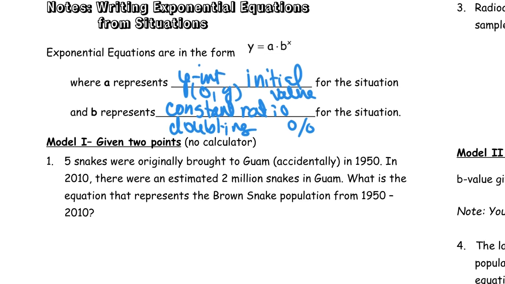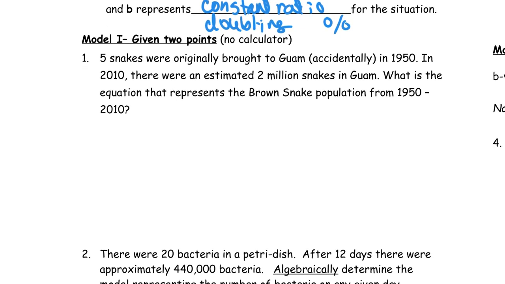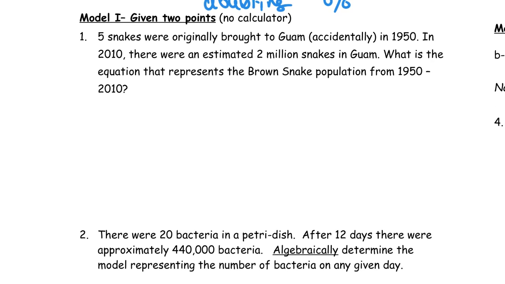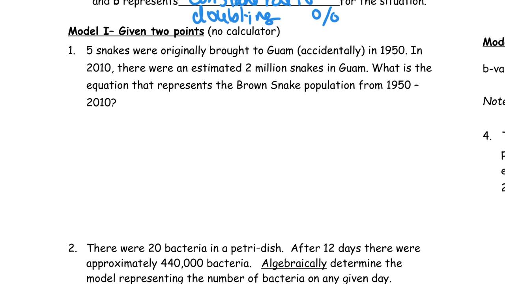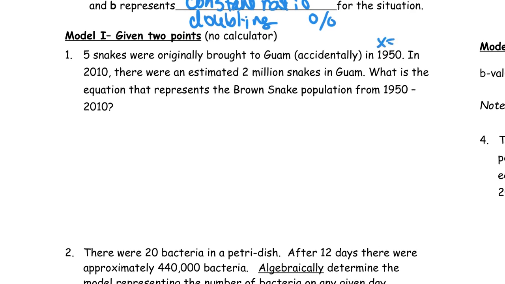So we're only going to do the part this time that's going to be, we're going to get some points. And from those points, we're going to determine what it is. So we won't be doing with your percentages today. So given this first one, we got 5 snakes were originally brought to Guam accidentally in 1950. So what if we say 1950 is where x equals 0? That's going to be our beginning. Did they give us something already?